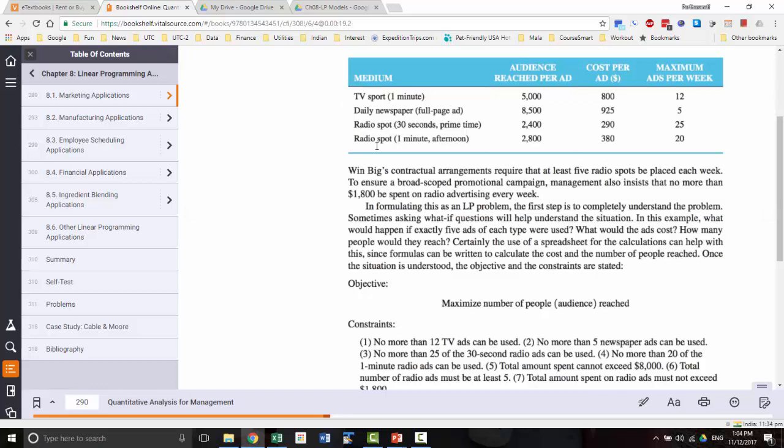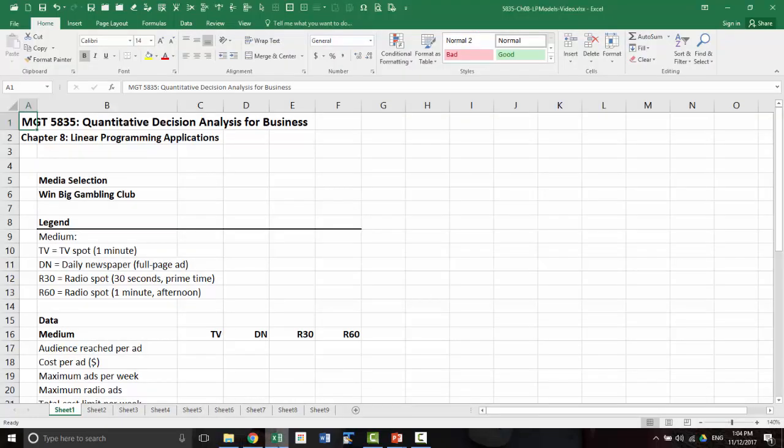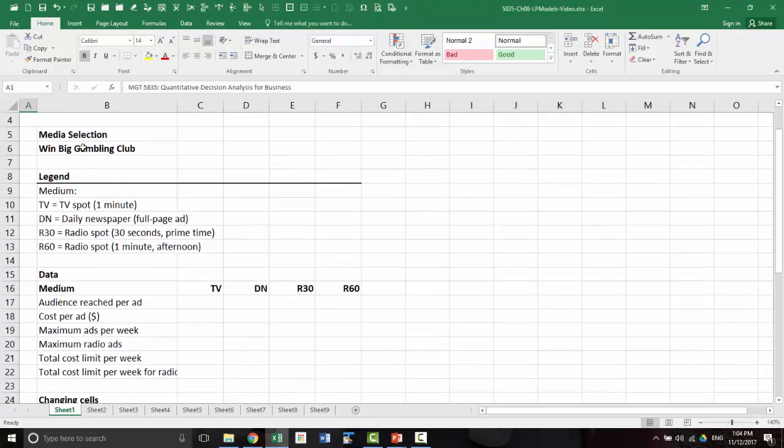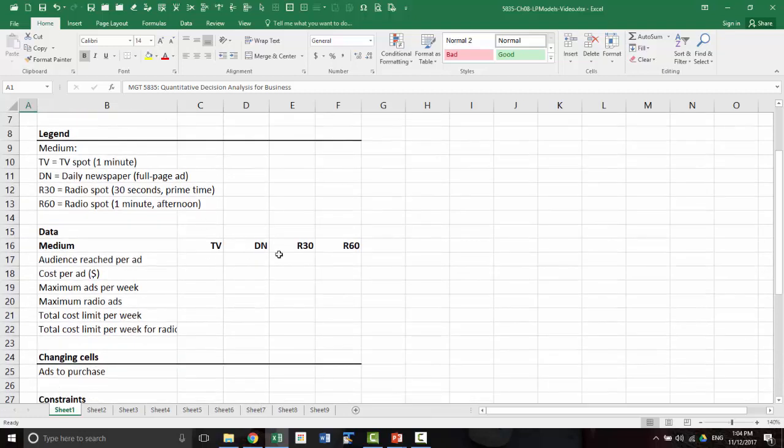So let's go ahead and set this up in Excel. Media selection: there are 4 different spots, so let's have one column for each decision variable. Usually that's how we will set it up, but sometimes we may have to change that format. Let's enter the audience reach, the cost, the maximum, and all the given input data.